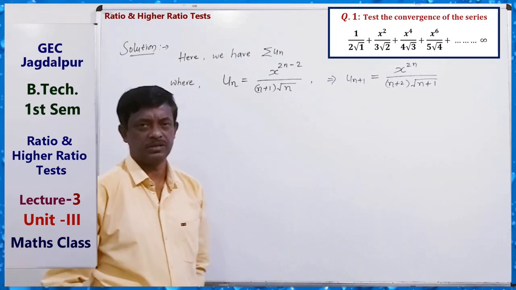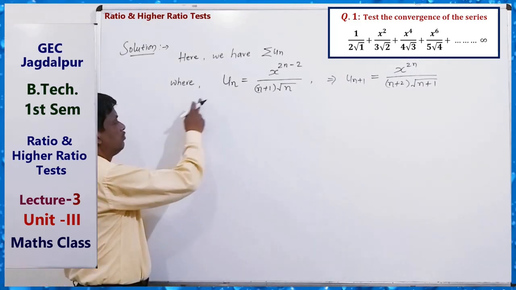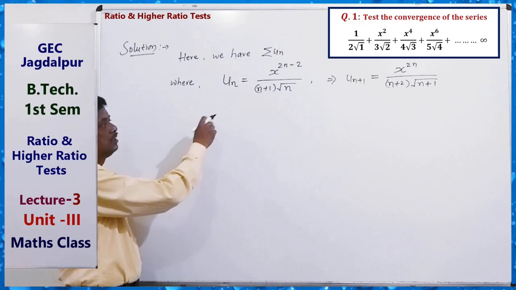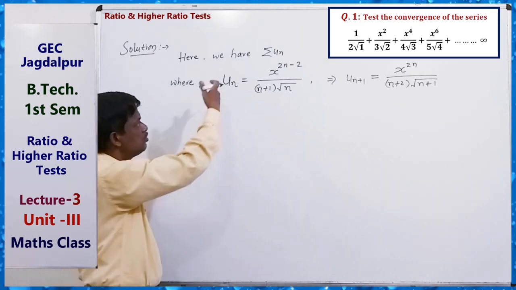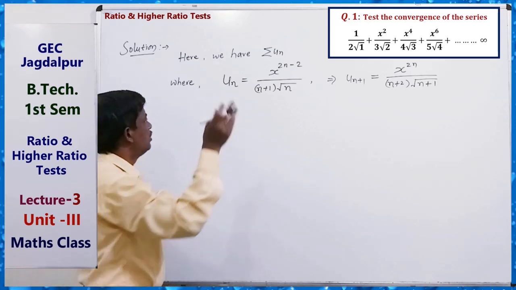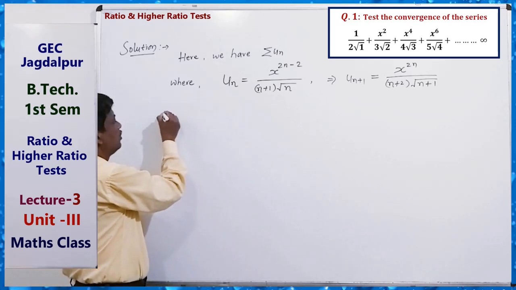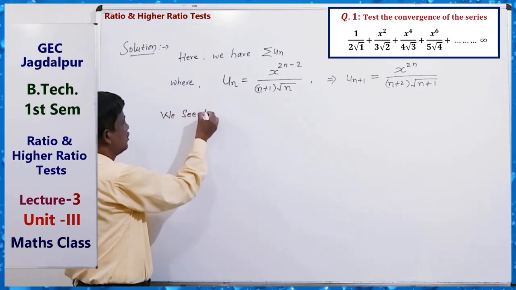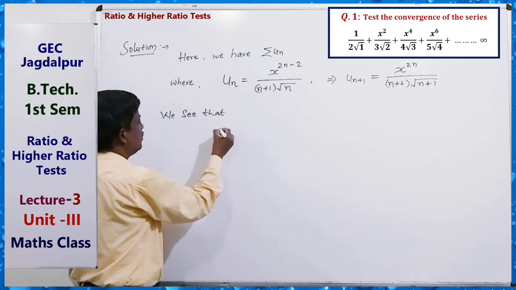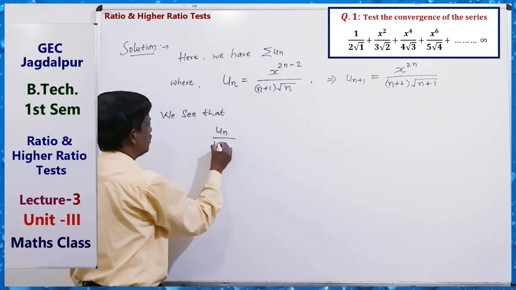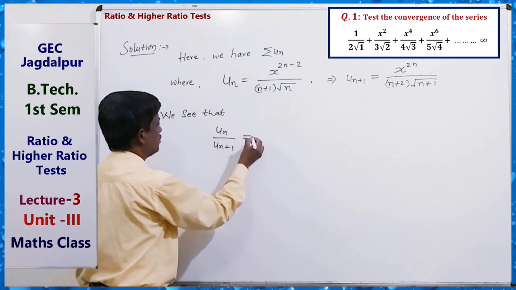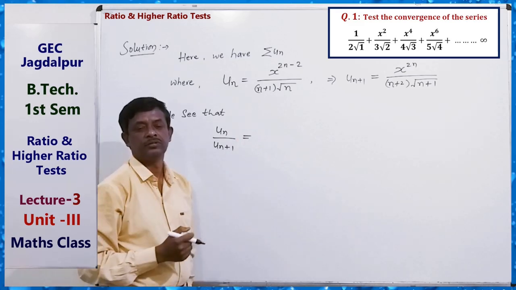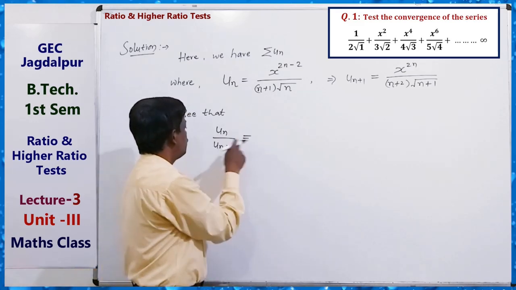For the ratio test we are finding un plus 1 upon un, or rather un upon un plus 1, the convenient form we will use. We have to find un upon un plus 1.